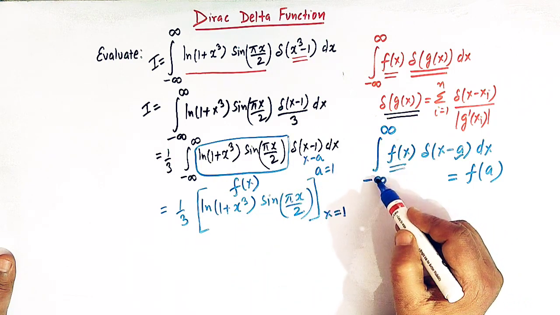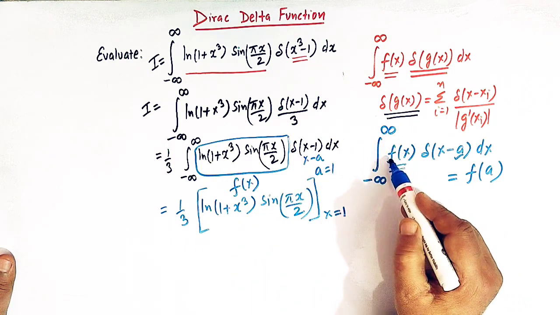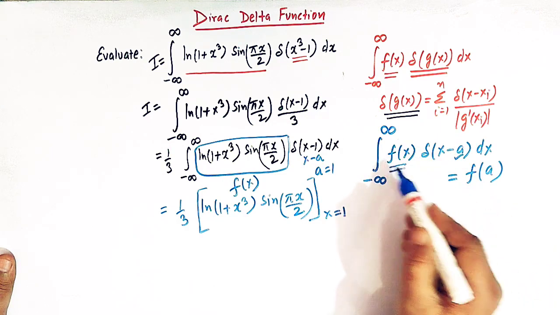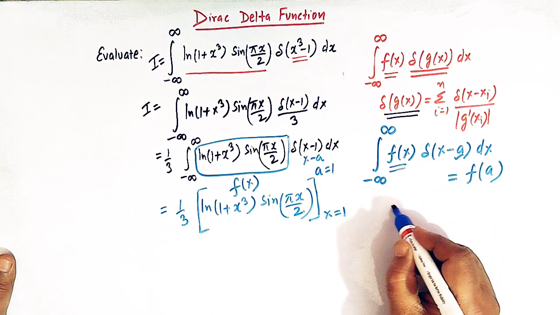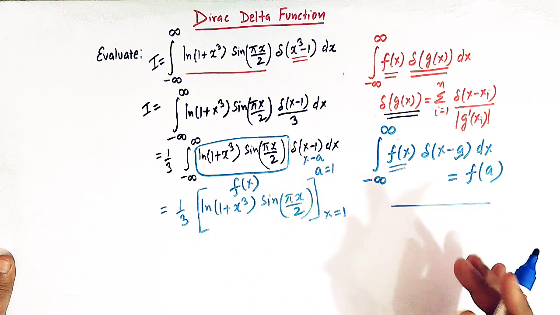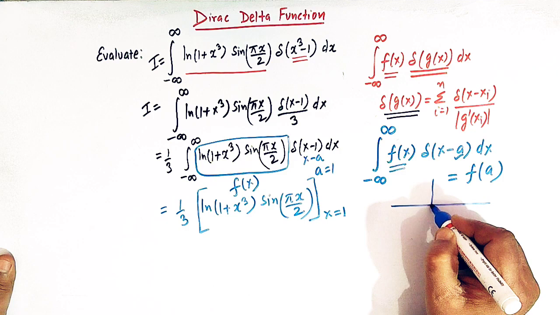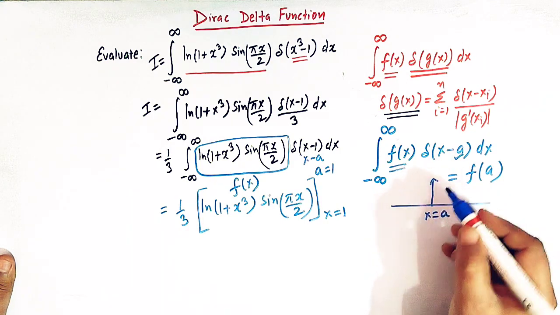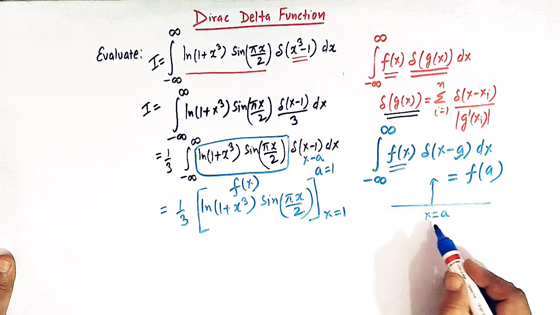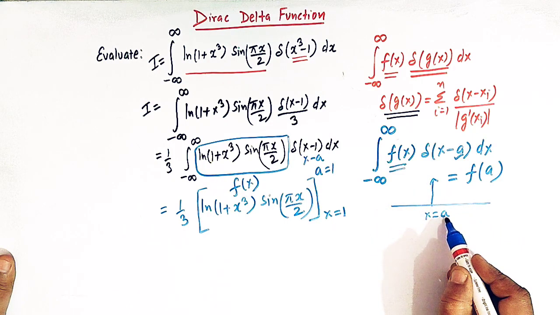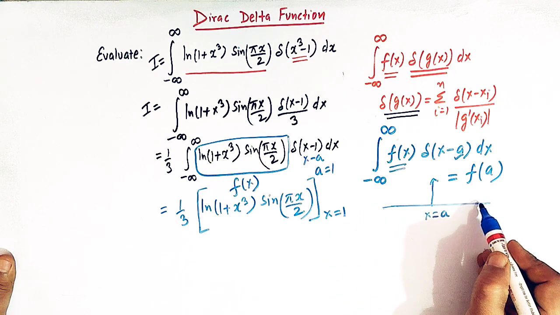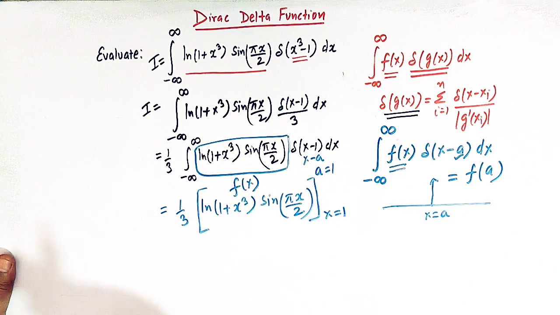Because the integral from minus infinity to infinity of f(x) delta of x minus a is equal to f(a), because we know that the Dirac delta function is nonzero only at this point, that is x is equal to a. So the spike exists only at this point x is equal to a, and at all other points the delta function is 0.